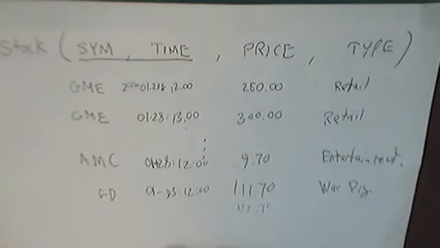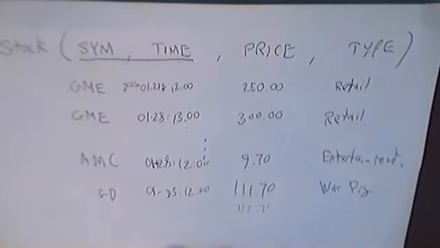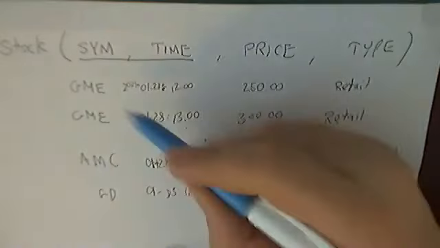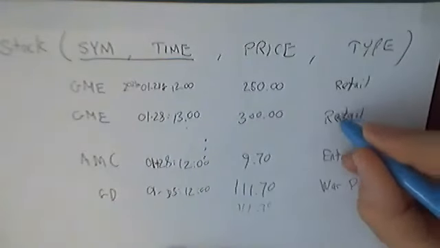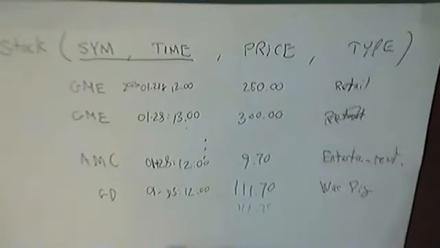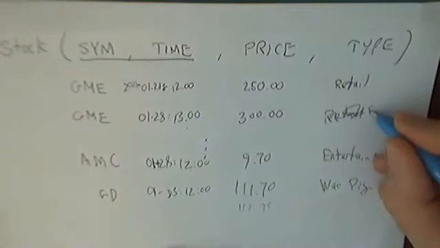But there's something else seriously wrong with this design. What if we basically say something like this? I have GME here, and I have GME here, and then I go in here and do a little edit, and I basically say e-commerce.